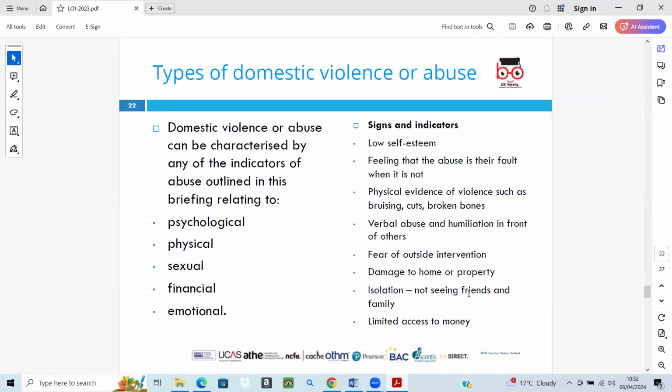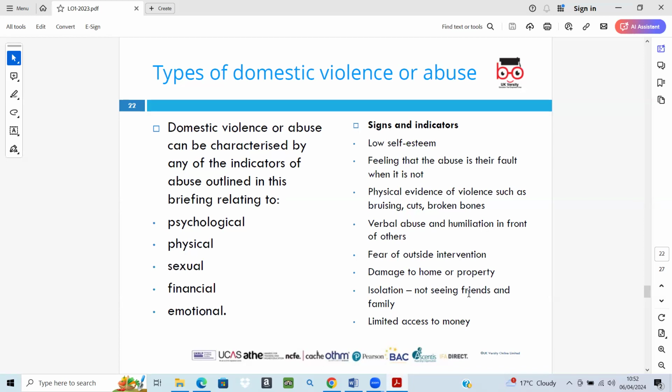Then we have the types of domestic violence or abuse. We have gone through the definition of domestic violence and signs and indicators. In this slide, they are discussing the types of domestic violence or abuse, and we have a few bullet points. Domestic violence or abuse would involve psychological, physical, sexual, financial, and emotional abuse.